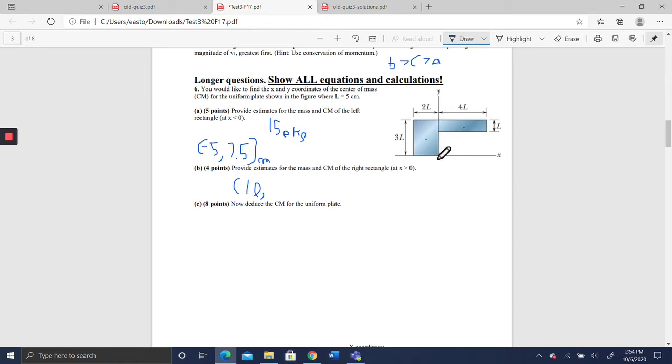However, first we need to take it up to L to get to the bottom layer. So this should be 2.5 L high, because we have 2 coming up here, L, and then we have another 0.5 taking us the rest of the way. And that should get us to our value of 12.5 centimeters.